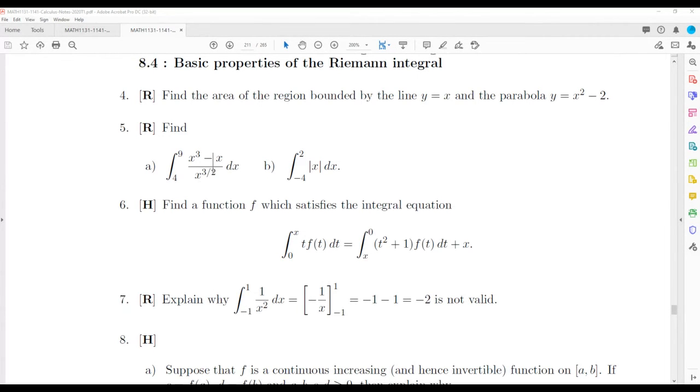Okay, so part A, 5 part A. This is not a difficult problem, but let's just go through it anyway. We've got this function here. It looks quite difficult, but note that we're integrating between x equals 4 and x equals 9.